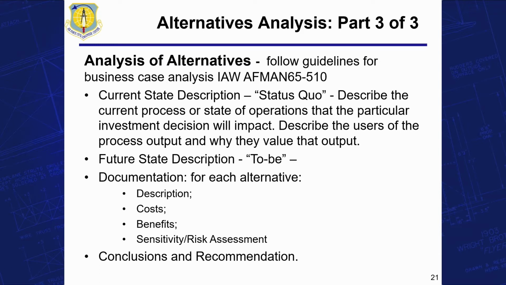For the analysis of alternatives, identify as a minimum the most obvious alternatives. Categorize the alternatives into two groups: feasible alternatives to be analyzed, such as status quo, renovation, new construction, basic allowance for housing, BAH, or infeasible alternatives to be eliminated, such as leasing. Include reasons for eliminating infeasible alternatives.